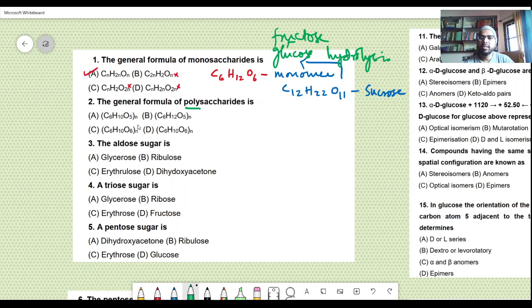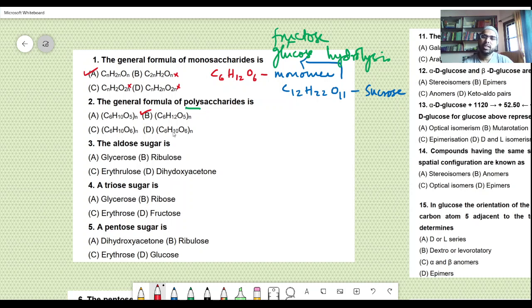Therefore, it should be connected with n, so it's n times, and you can eliminate the others. C6H12O5 n times, this is the right answer. B is the right answer there.